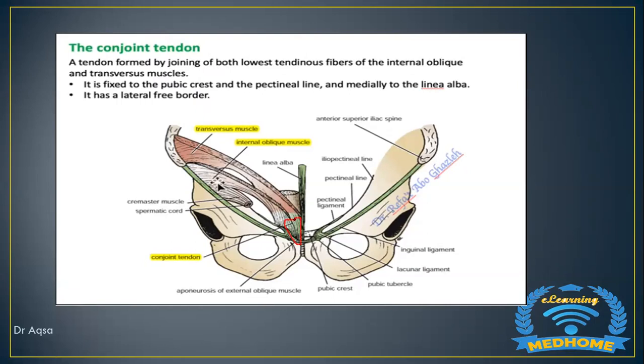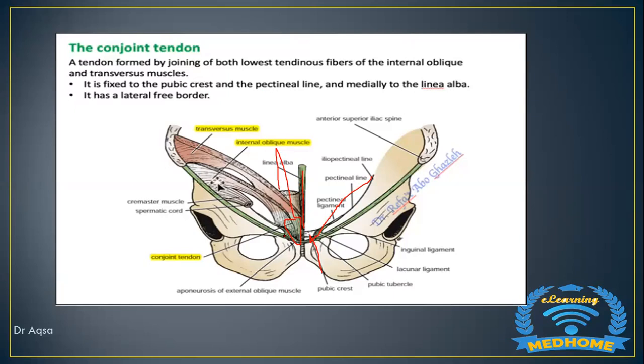Now it is fixed to the pubic crest and the pectineal line, and medially is the linea alba. This is the pectineal line and this is the pubic crest.